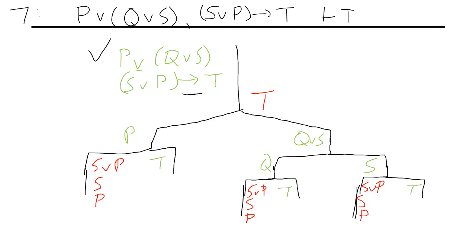Going back through now. Got a P on the left, P on the right, P on the left, so that's closed. Got a T, that one's closed. Got S, Q, T. Don't see any more there. That one looks open. Do have a T and a T. So that one's closed.